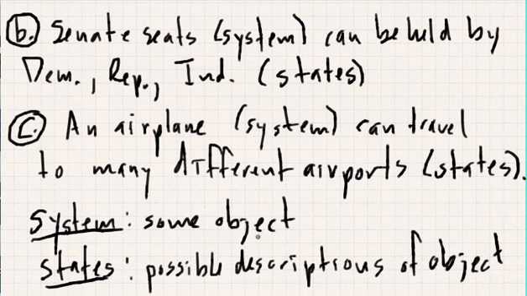The object could be a person, an office, or a vehicle. The possible descriptions are: where do you live? Who's sitting there? What sort of party is sitting there? What airport are you at?